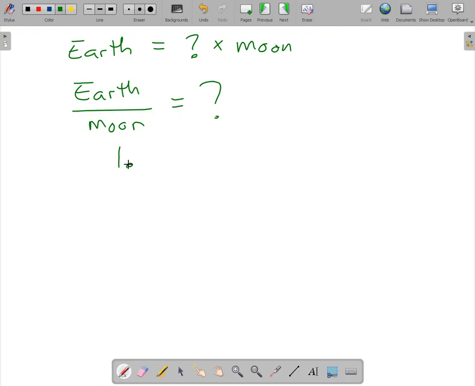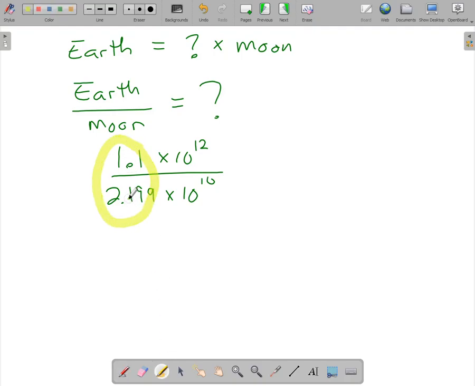So I write 1.1 times 10 to the 12th, divided by 2.199 times 10 to the 10th. Let's just do a rough estimate. Forget about a calculator for a second. Isn't this about 1 divided by 2, which is a half, or 0.5? So I'm just going to say that's about a half, 0.5.